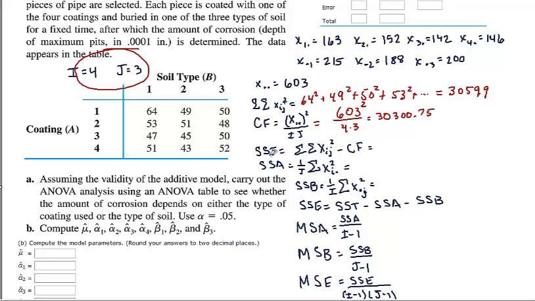To get your SST value, what you will do is take your CF and the previous one, your squared data values, and just subtract those. So you can do 30599 minus the 30,300.75, and for that you should then get 298.25.